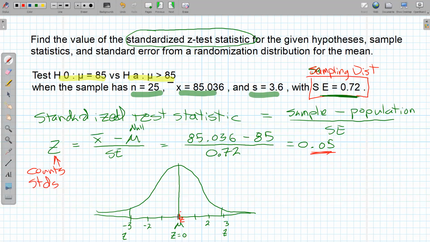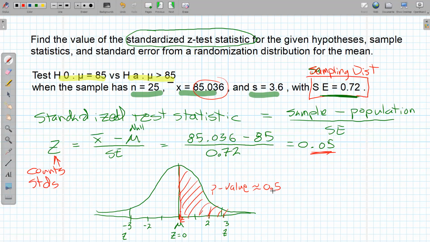Okay. If I were to calculate a p-value for that, this question didn't ask that, but the p-value would be what's the chance of being bigger than that number right there? My p-value is going to be pretty darn close to 50%. Right, which means this data seems to support the null hypothesis, so I'm just going to fail to reject the null hypothesis.